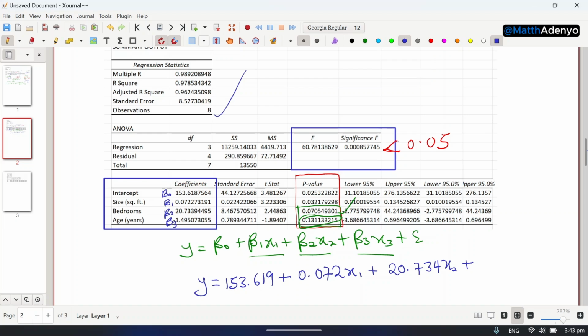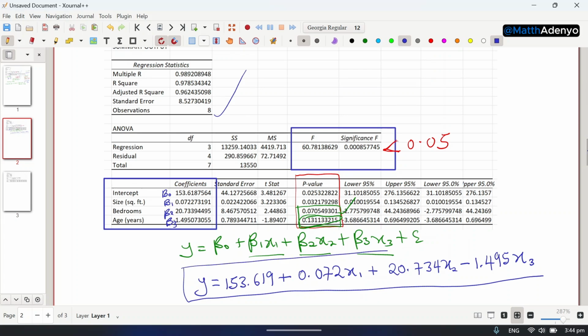Now the beta 3 is negative, so it will be minus 1.495 x3. So this is our regression equation, or our prediction equation, and that is what we are going to use to predict the price of any given house with the size, the bedroom, and then the age of the house.